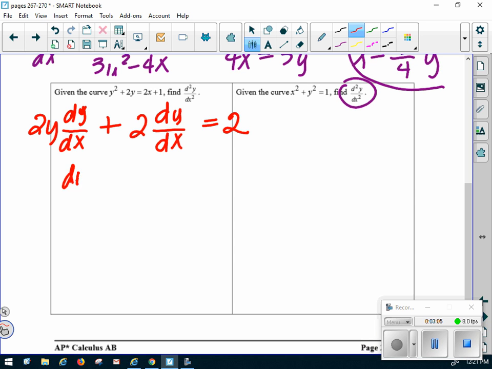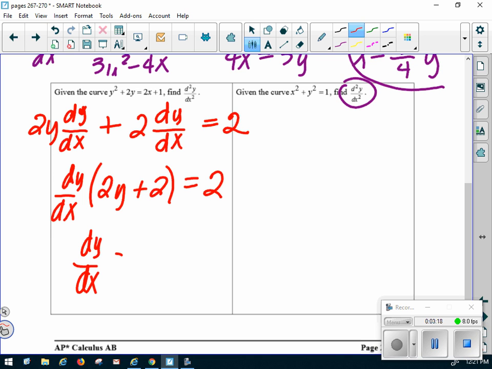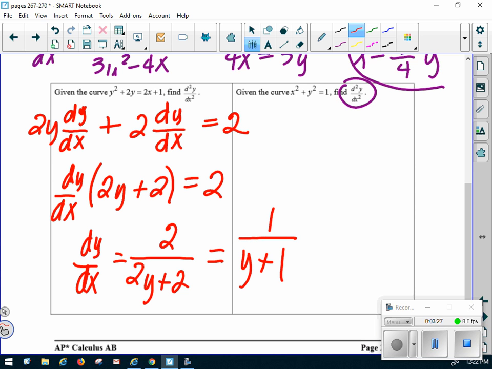So dy/dx, correct? So dy/dx is 2 over 2y plus 2. Now that's what dy/dx is.